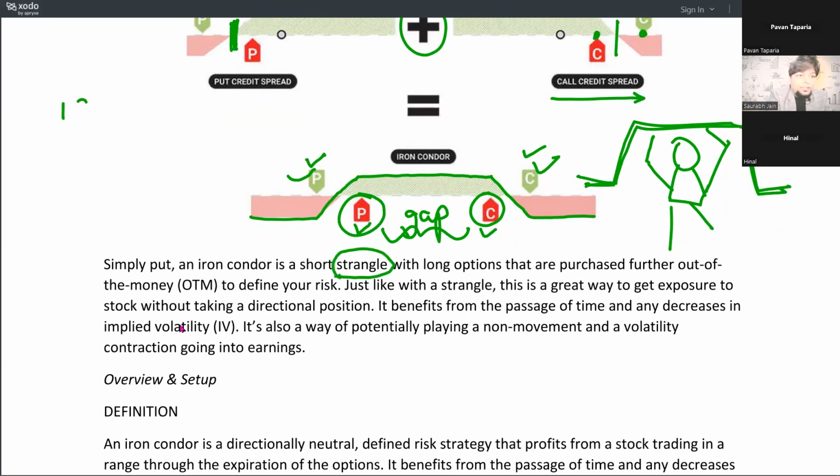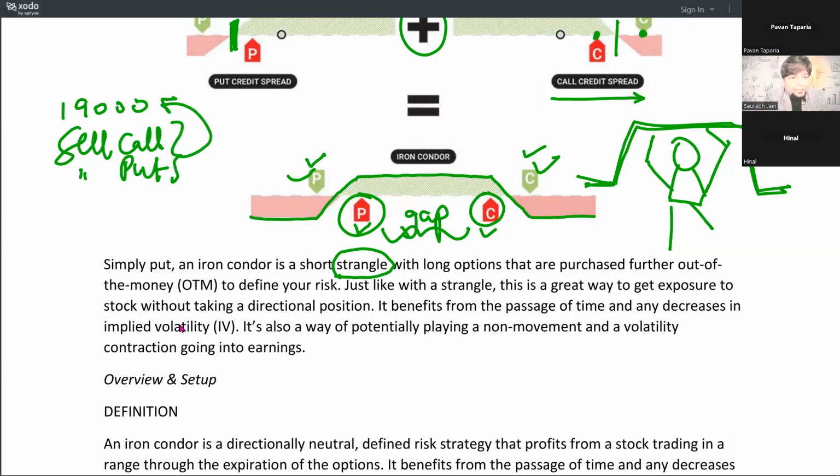Suppose Nifty is 19,000 and I sell a call of 19,000 and a put of 19,000. Since both the strikes are 19,000, at the money, we call it a straddle.